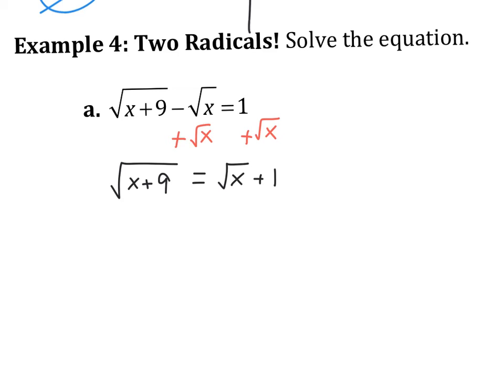Now, in order to get rid of the radical on this side, I'm going to take the square of both sides. That's going to introduce a problem on the right side, but we'll get to that as we go. So on the left side, the inverses cancel each other out, and we're left with the radicand. And I'm going to jump to this and show you where that comes from in just a moment.